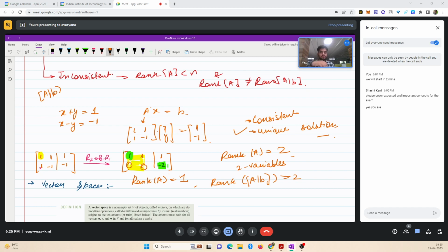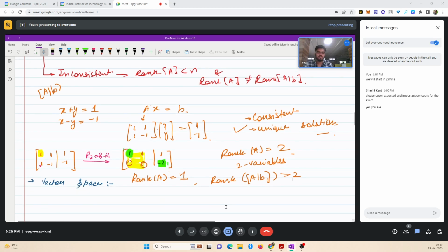Now because the rank of A is not equal to the rank of A augmented with B, that's why this particular system is inconsistent. Also, let's say for some example, both these entries came out to be 0.